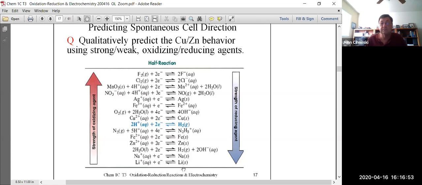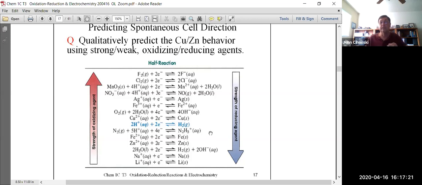That means lithium should be one of the strongest reducing agents we would have. It really wants to get rid of that electron. So it wants to go this way, just the way fluorine wants to go the other. So as we go up, the reducing strength decreases. Okay?